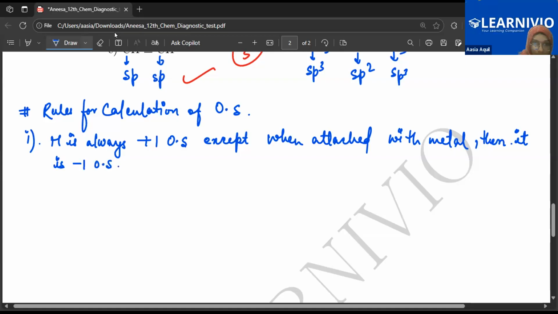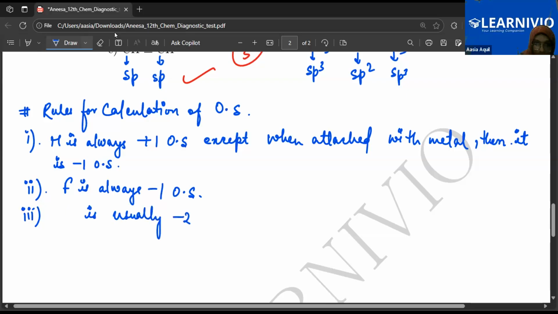Just remember this point. Now the second point, fluorine is always -1. Fluorine is always -1 oxidation state. Yes, ma'am. And oxygen is usually -2 oxidation state, sorry.